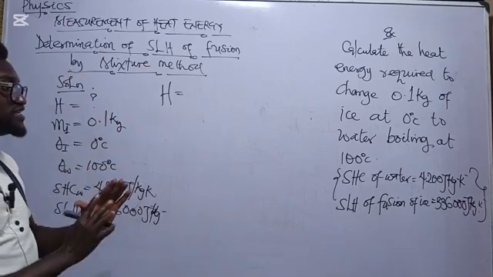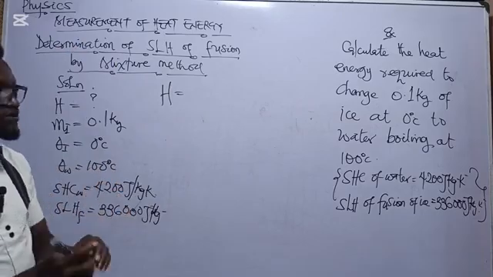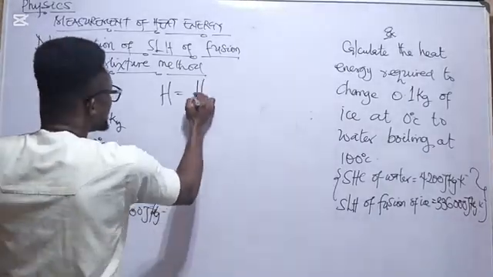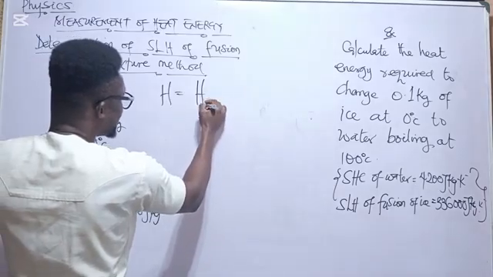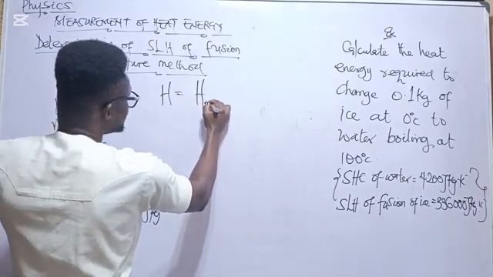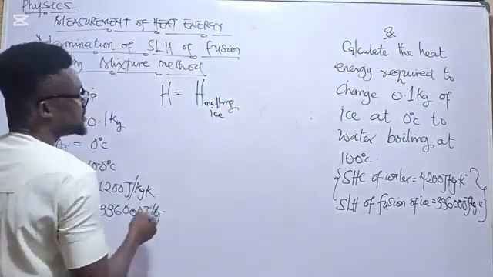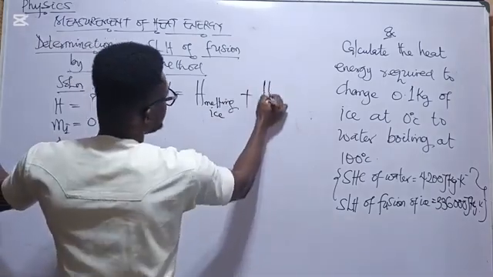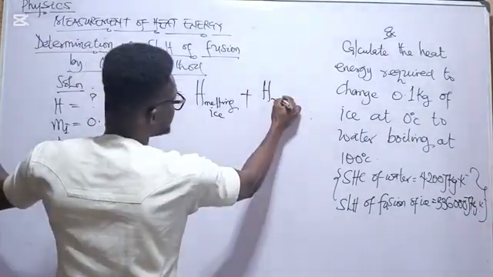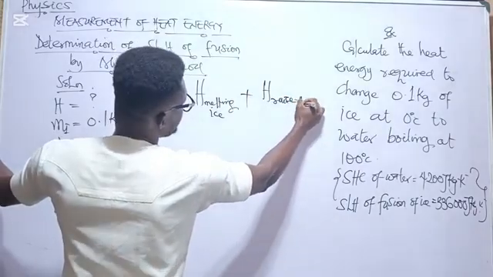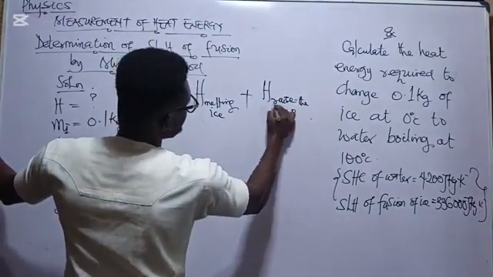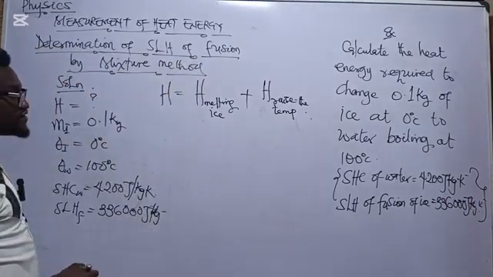So in that case, we need two aspects of heat here. First is heat required to melt the ice, that is heat of melting ice, then plus heat required to raise the temperature to 100 degrees Celsius.